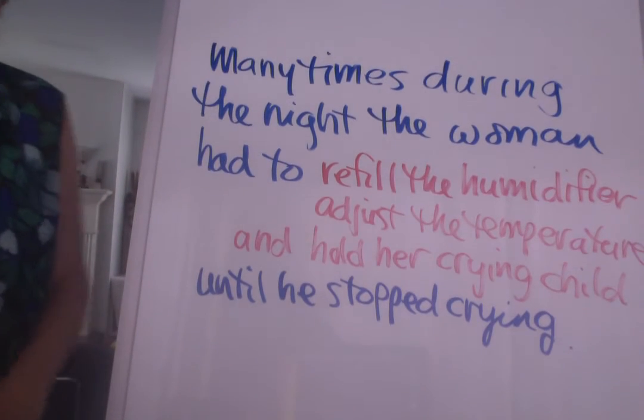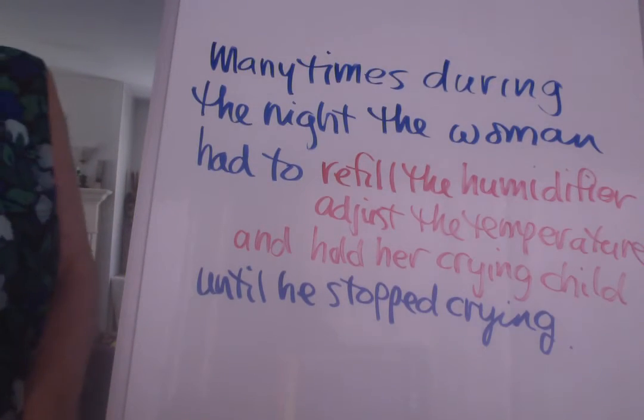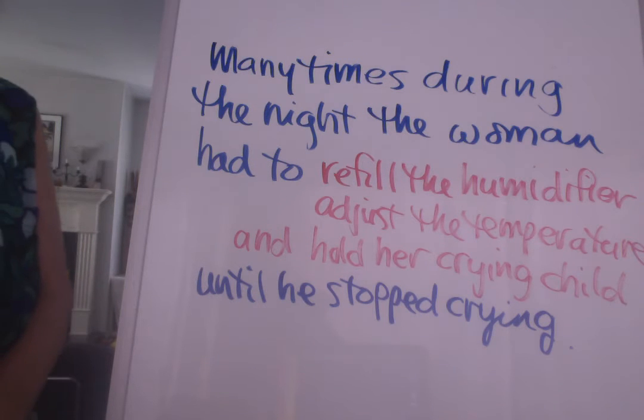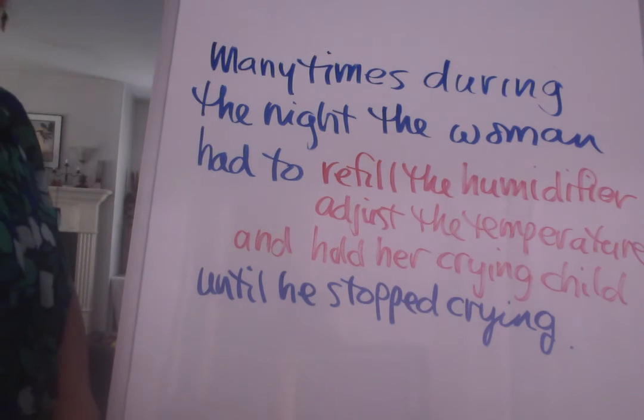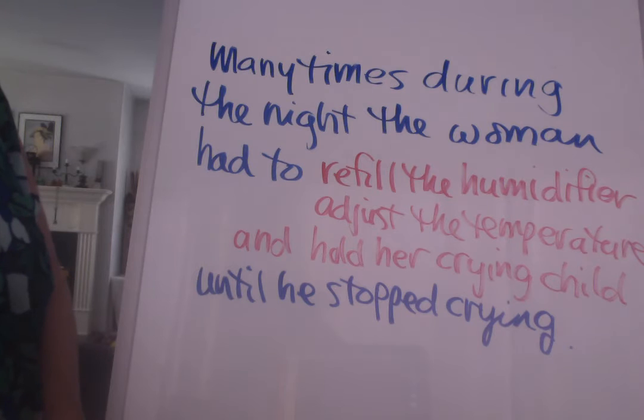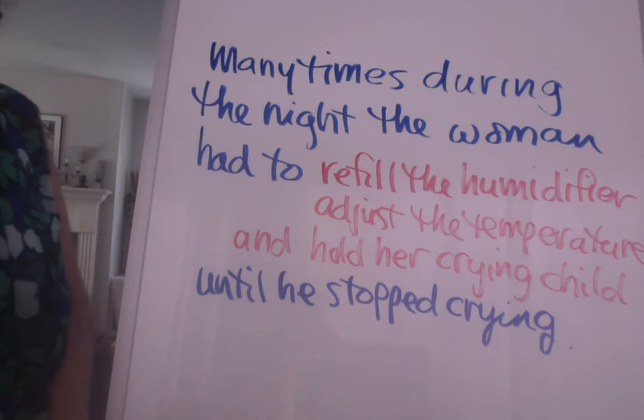It says, many times during the night, the woman had to refill the humidifier, adjust the temperature, and hold her crying child until he stopped crying. All right, now we have a list of things in this sentence. There are 3 things that the woman had to do many times during the night.